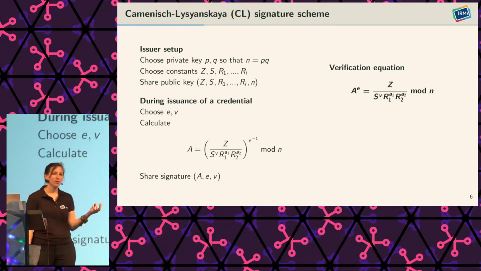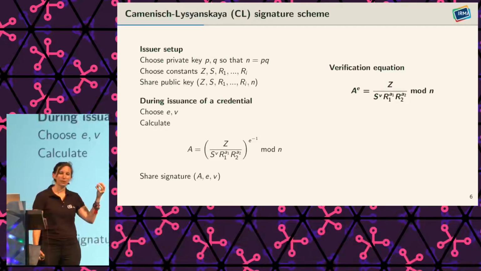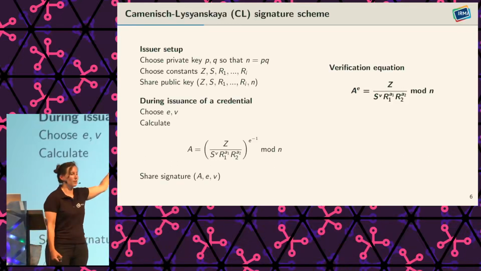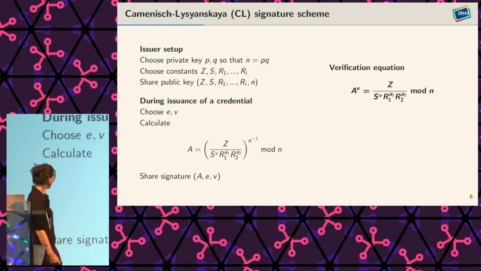For each attribute type, you will choose a different constant R. So it's R1, R2, R3, R4, as many attribute types as you have.